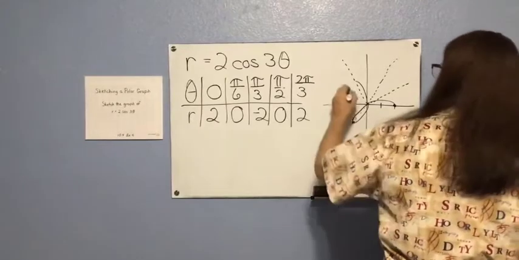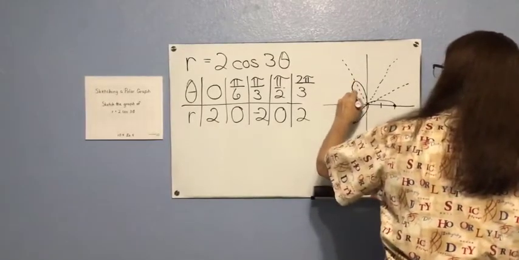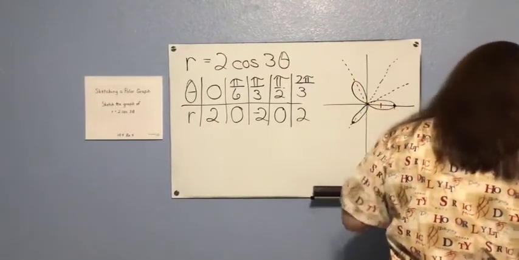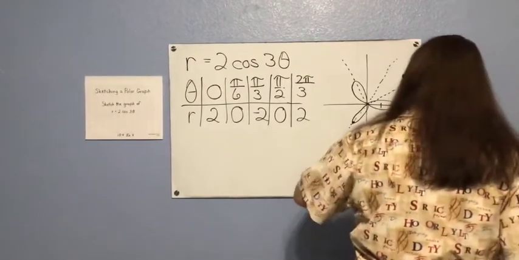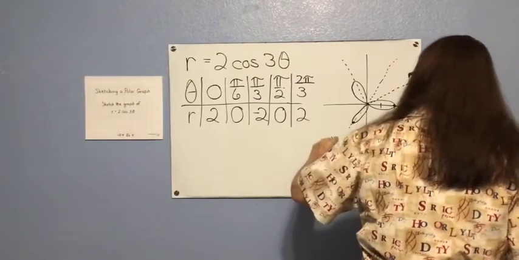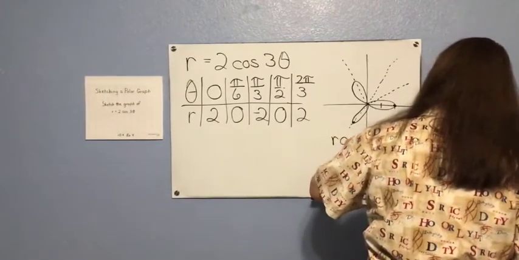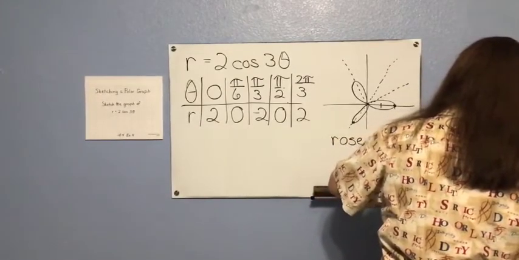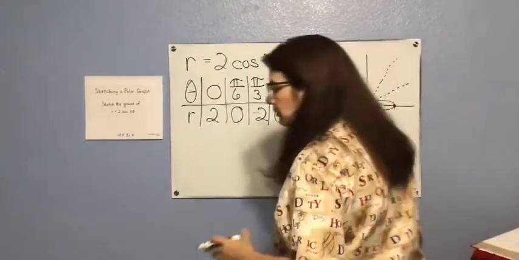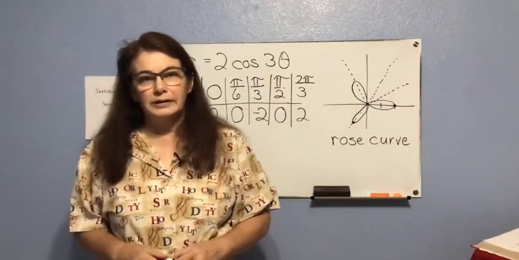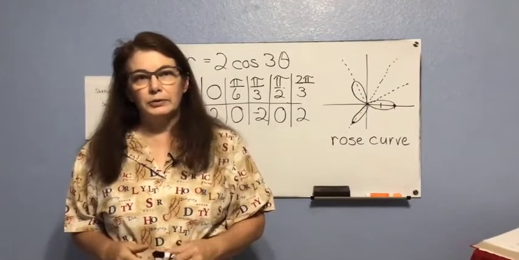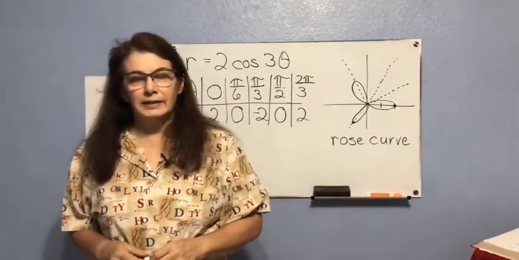And if we add a couple more columns in our table, we would get this and this. Okay, and this is called a rose curve. Rose curves are a whole group of curves that primarily differ in the number of rose petals that they have.